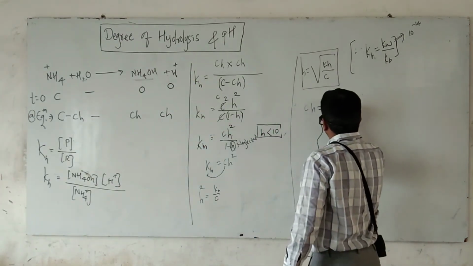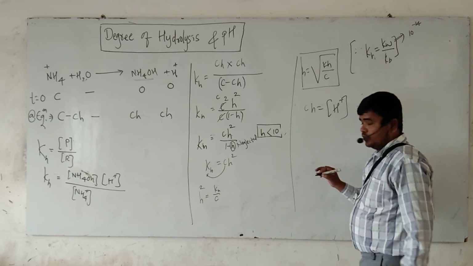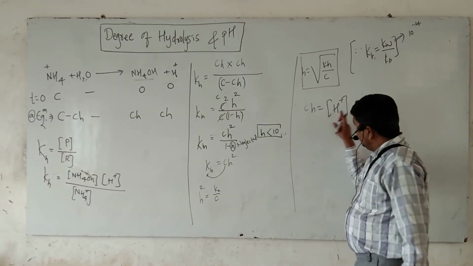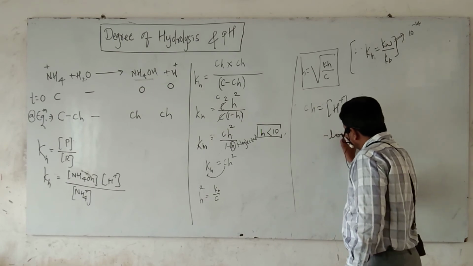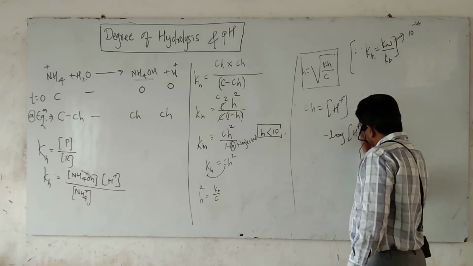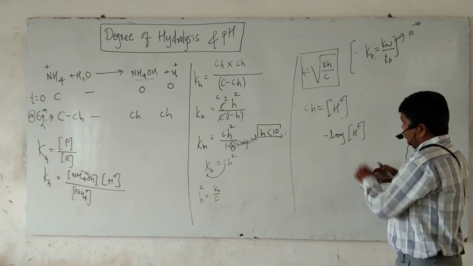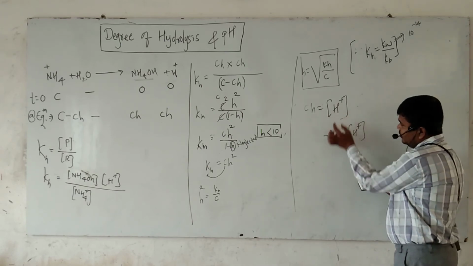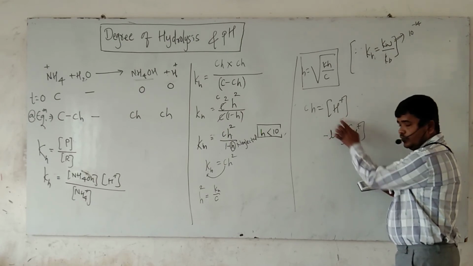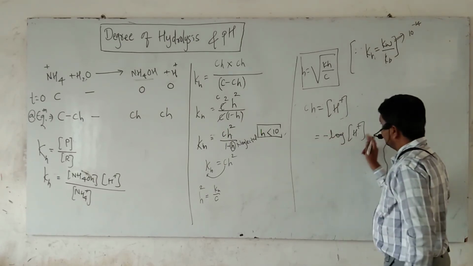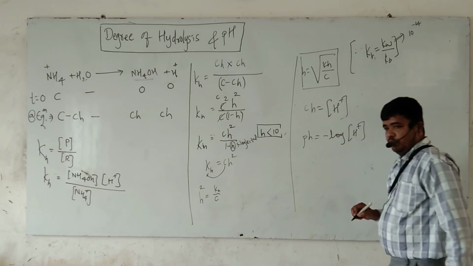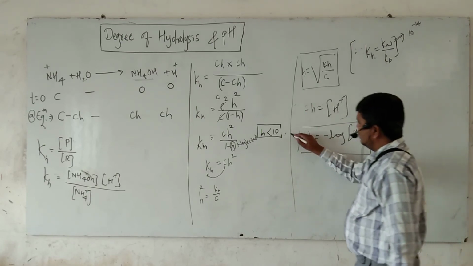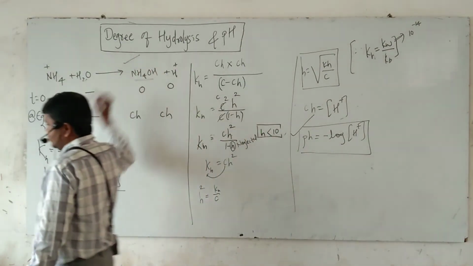Now this way you will get the concentration of H plus. Then if you take the negative logarithm of this H plus ion concentration, first calculate the value of H plus ion concentration, then take the negative log of this value. What is the negative log of H plus ion concentration? pH. So you can get pH with the help of this equation. This way you can calculate the pH of this salt solution.